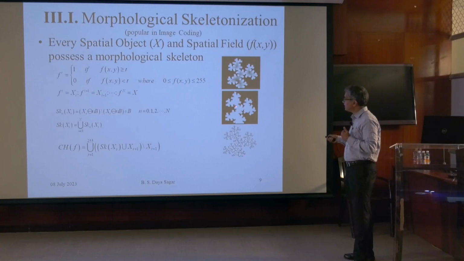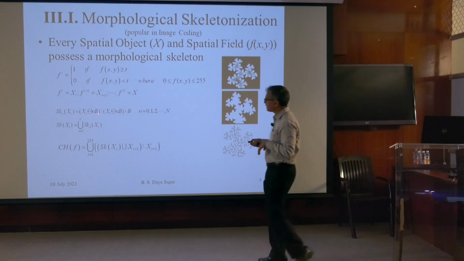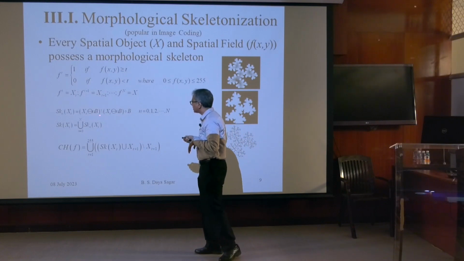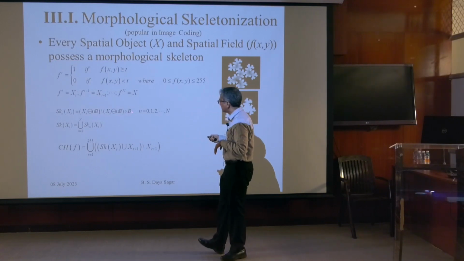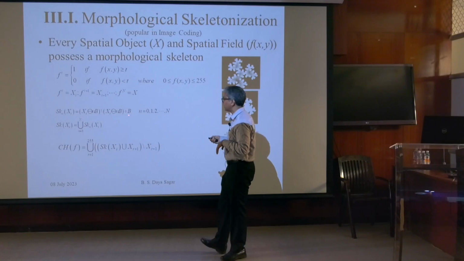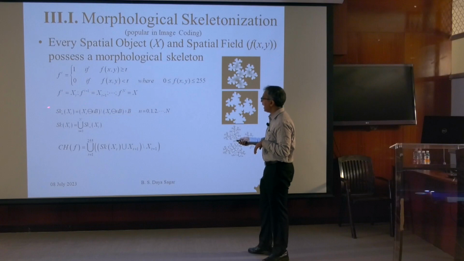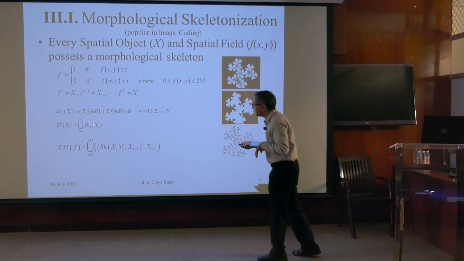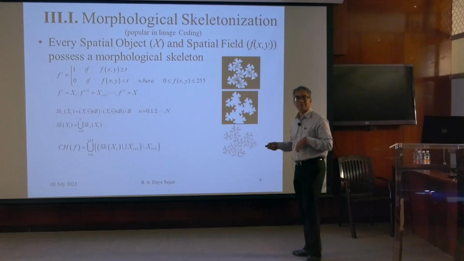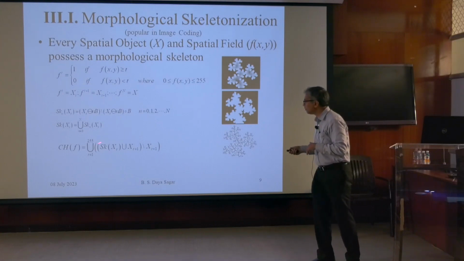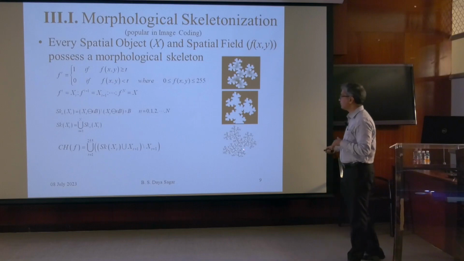From each of them, following the skeletonization equation, you have the nth scale erosion, and that nth scale eroded version is smoothened with a morphological opening with an arbitrary size b. From this you get skeletal subsets of order ranging from 0 to capital N, and taking the union of all those skeletal subsets you get a network like this.